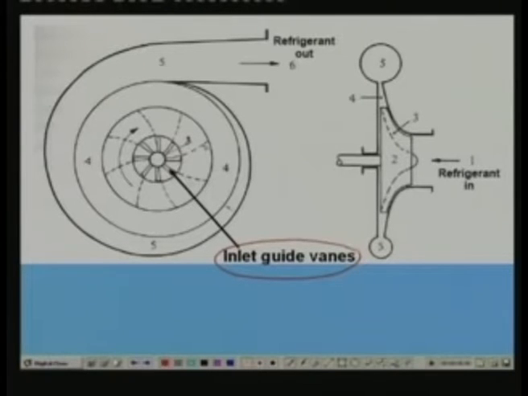Okay, so when you have the guide vanes here, by adjusting the guide vanes, what you can do is you can introduce a tangential component at the inlet. Okay, in our analysis we assumed that the tangential component is 0, that means the refrigerant enters axially at the inlet. Okay, and that's how we calculated the pressure rise and specific work input and all that.